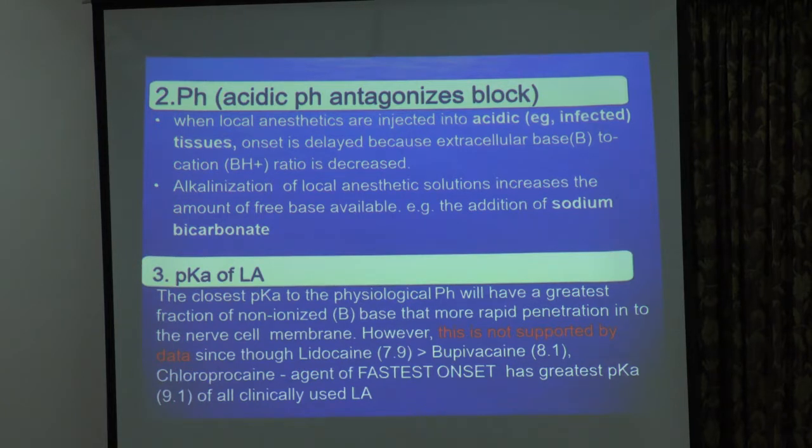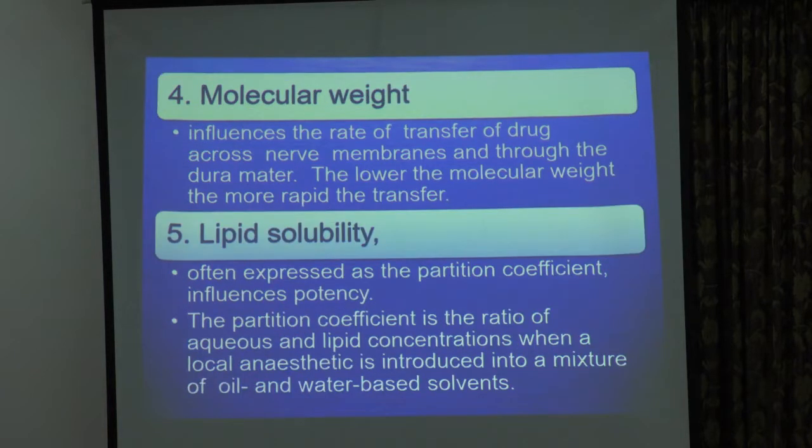So at times, some people will intentionally add sodium bicarbonate to lidocaine or mepivacaine to use them for blocks for surgeries. All that can be done. We've already talked about the pKa and the physiological pH. Also, the molecular weight of the local anesthetic matters. Smaller objects cross the membrane easier compared to bigger objects.